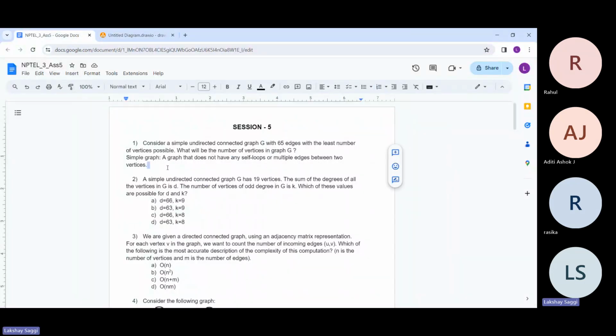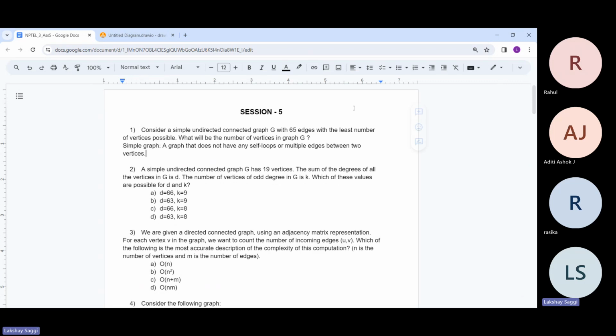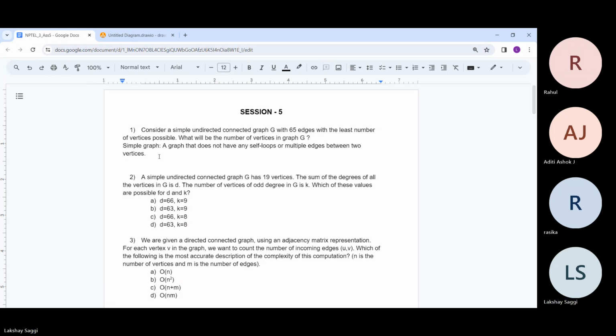If there are any issues with the font size or audio quality or anything, you can message on Teams to let me know via chat. Otherwise, I'll just assume everything is going fine. So I guess we can get started.